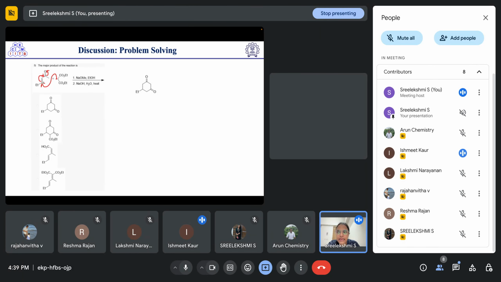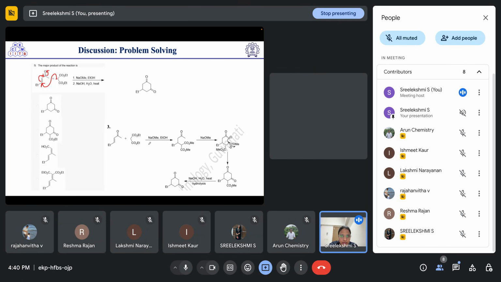So here the carbonyl carbon is the hard center. So this is basically a soft interaction happening here.